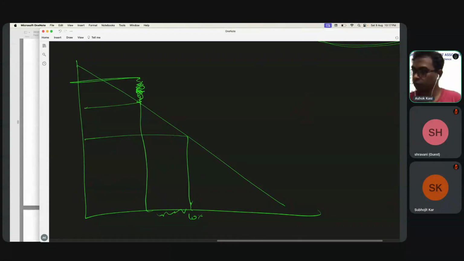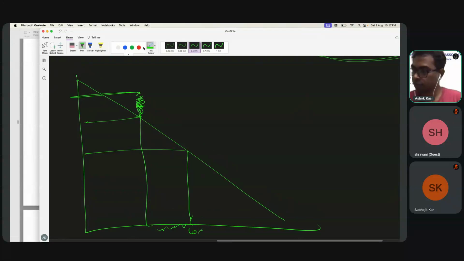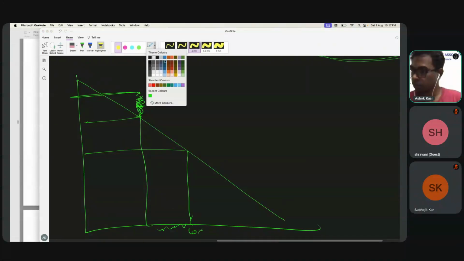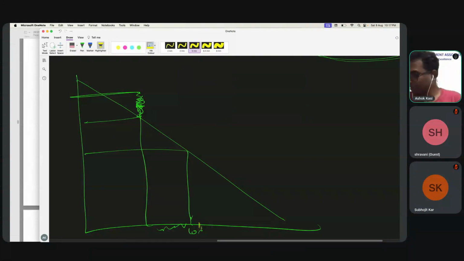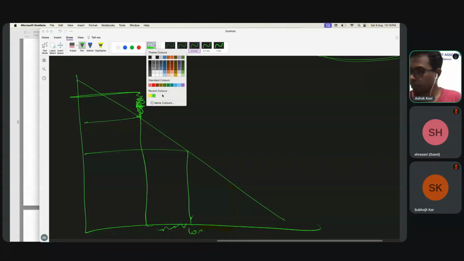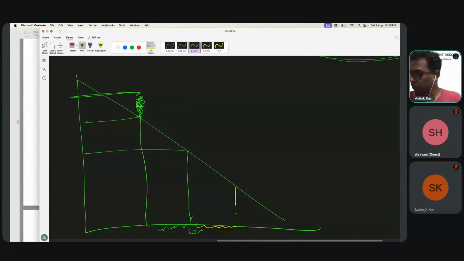Duration effect, positive, and when the interest rate goes up, the price should come this much, but it is coming only till here, which is good.